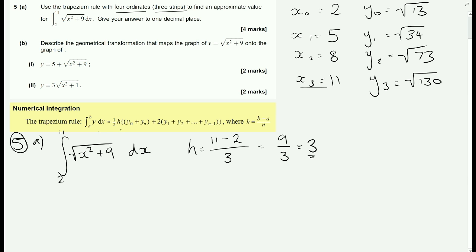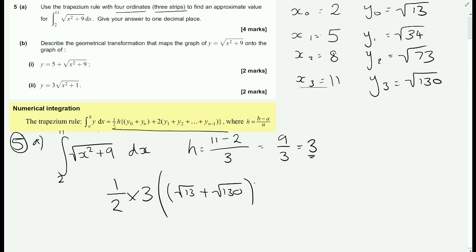Now I'm using this formula here. I don't know about you, but I like to try to remember what this formula is actually doing. It's doing a half times 3, and all of that is the first and the last one added together just the once, plus twice the middles.